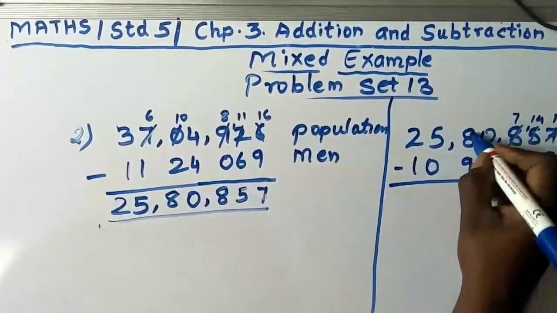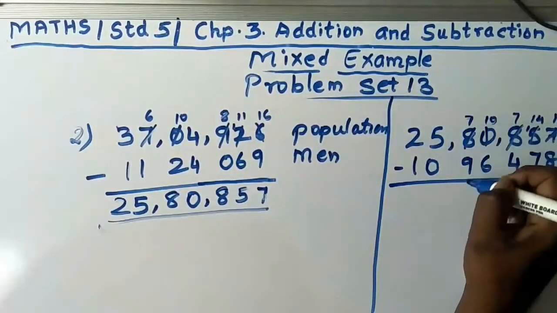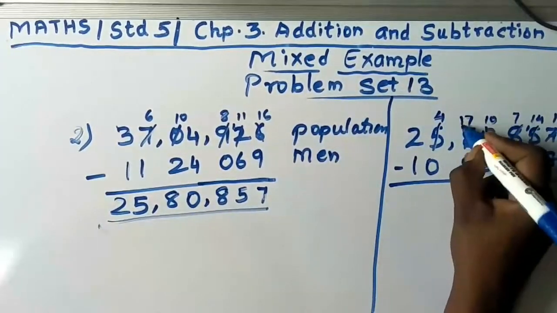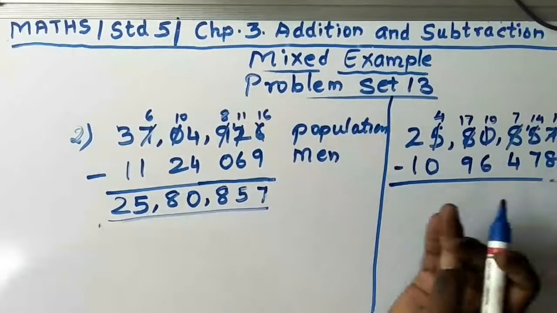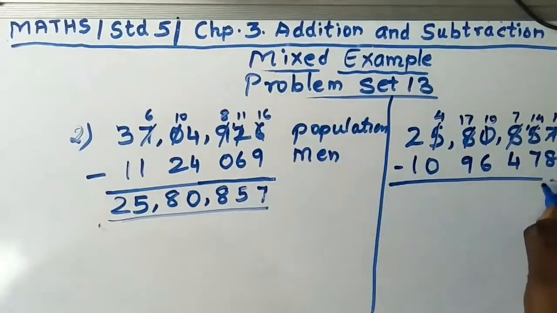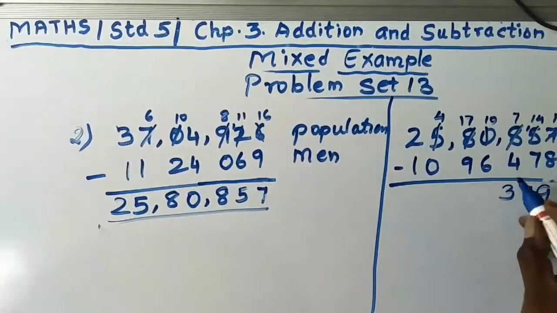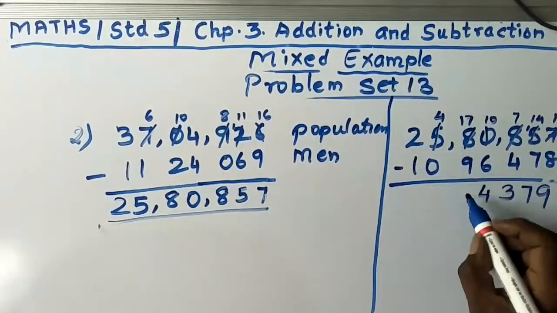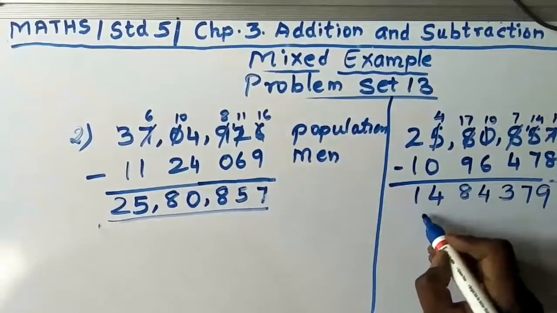0 minus 6, it will not go. So this will become 7 and this will become 10. 7 will not go in 9. So I have to borrow from here. So this will become 17. 17 minus 8 is 9. 14 minus 7, 7. 7 minus 4, 3. 10 minus 6, 4. 17 minus 9 is 8. 4 minus 0, 4. 2 minus 1 is 1.